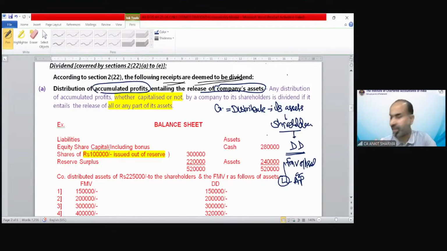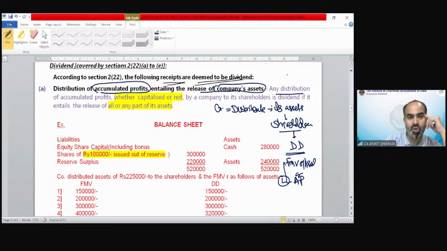So you might be thinking, what is the meaning of accumulated profit? The accumulated profit means reserve and surplus, which includes any reserve and surplus which has been utilized for the purpose of issue of shares, etc., or which reserve and surplus has been capitalized. You can see the definition is there.